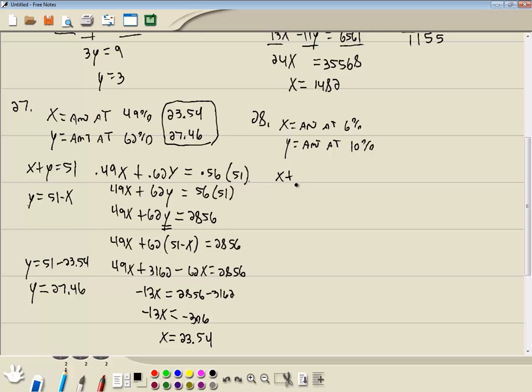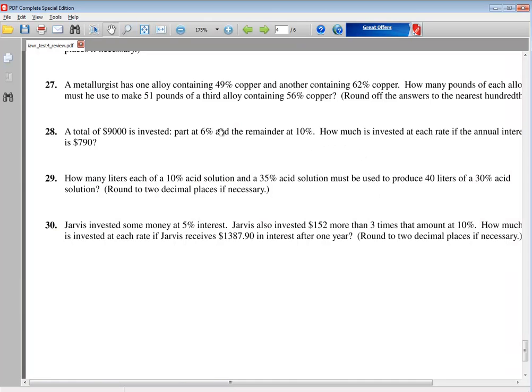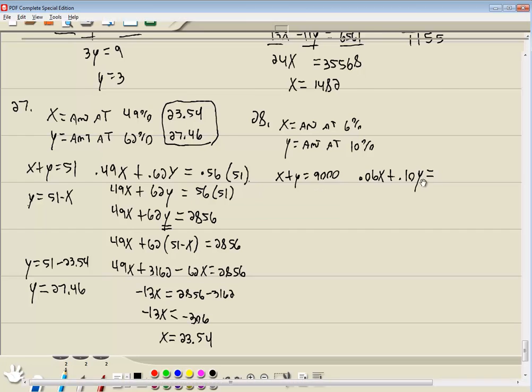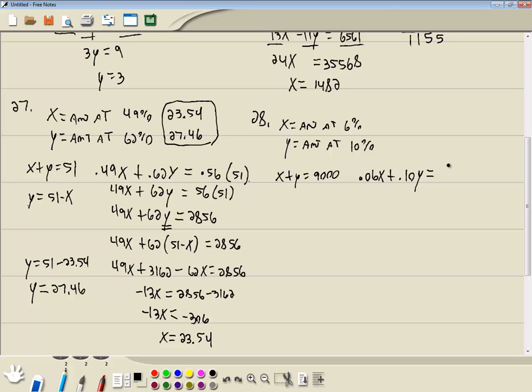So X plus Y is equal to 9,000. Okay, annual interest is 790. So 0.06x plus 0.10y is equal to, how much was interest? 790.